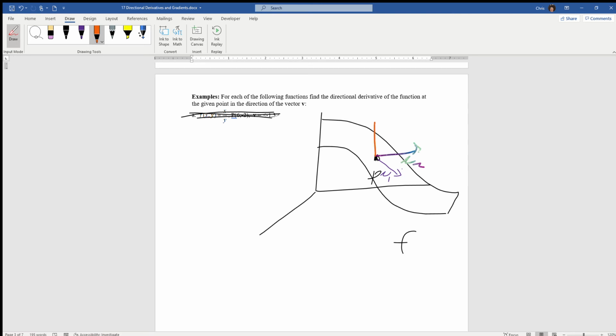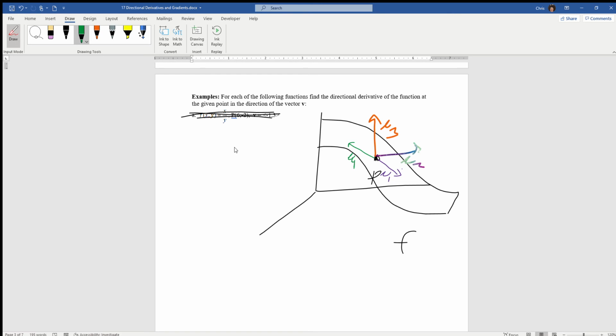We could have almost like a perpendicular one. We could call that u3. We could even have one in the opposite direction if we really wanted to, where it's going against the natural slope. We call that u4. Just assume that each of those is a unit vector. We're looking for the rate of change in the specific direction of that unit vector.